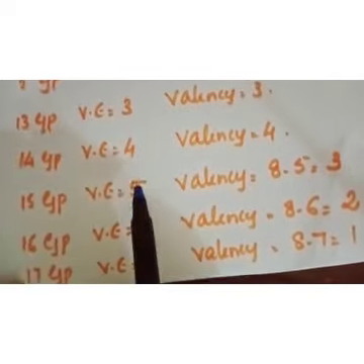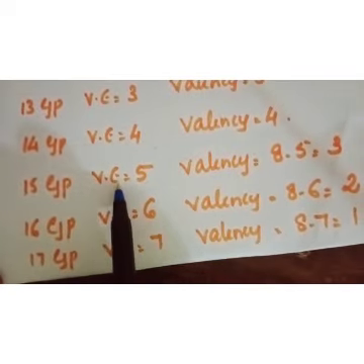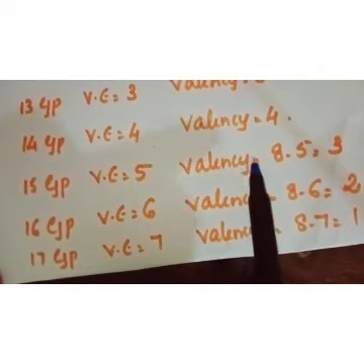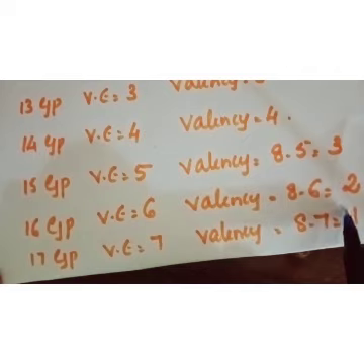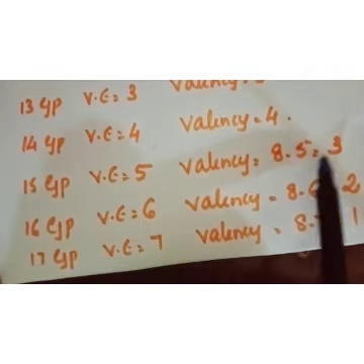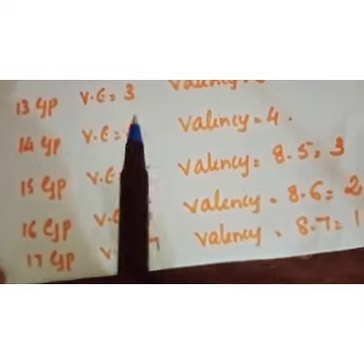After 4, that means for 5, 6, 7 and 8, valency is equal to 8 minus number of valence electrons. 15th group, valence electrons 5, valency 8 minus 5, that is 3. For the 16th group, valence electrons 6, valency is 8 minus 6, 2. For the 17th group, valence electrons 7, valency is 8 minus 7, that is 1.